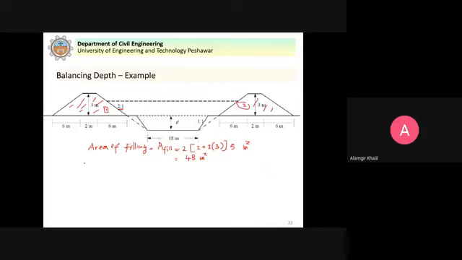Now we equate the areas. So equating the areas of cutting and filling, we have the area of cut equal to the area of fill.